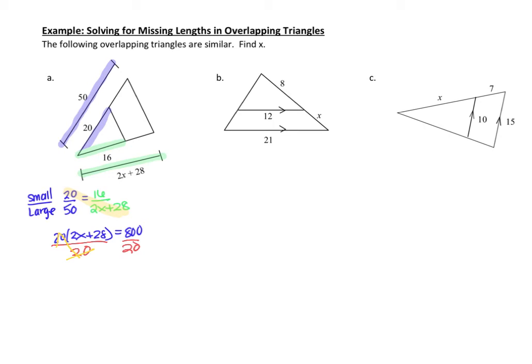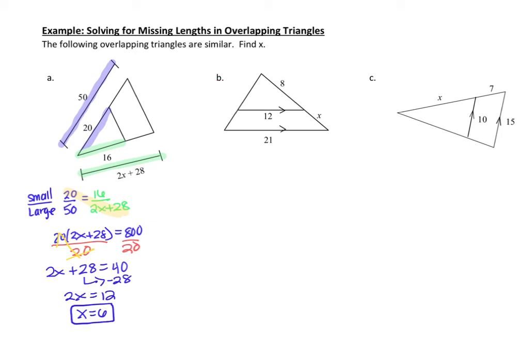These 20s will turn into a 1. So we have 2x plus 28 is equal to 800 divided by 20, which is 40. Then we can subtract 28 from each side. So 2x is equal to 12, giving me an answer of 6 for x.